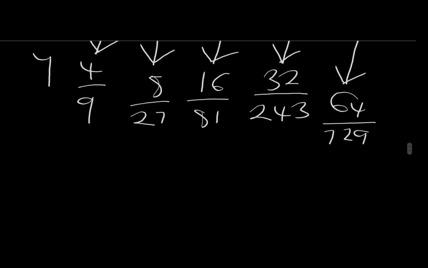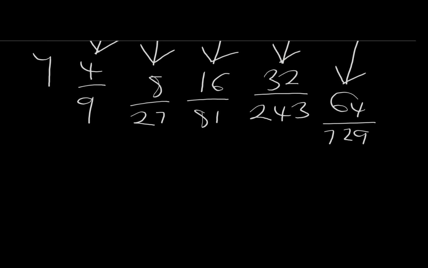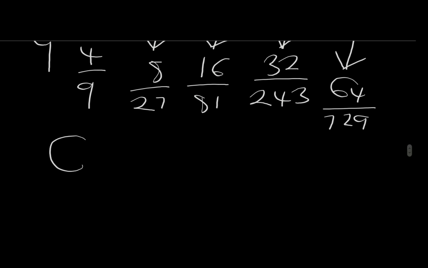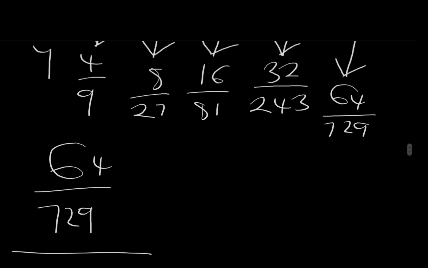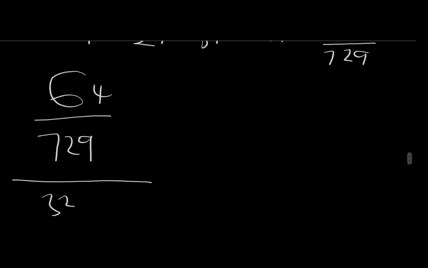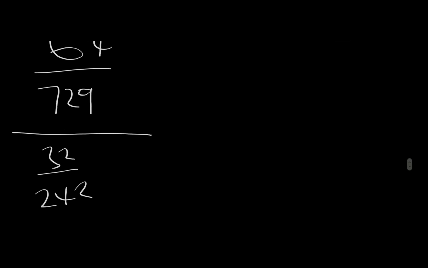Now, if you do that, you are going to have 64 divided by 729 all over 32 divided by 243.